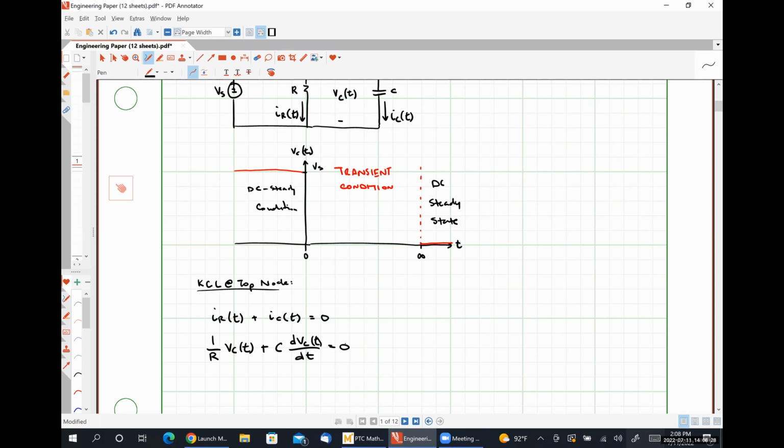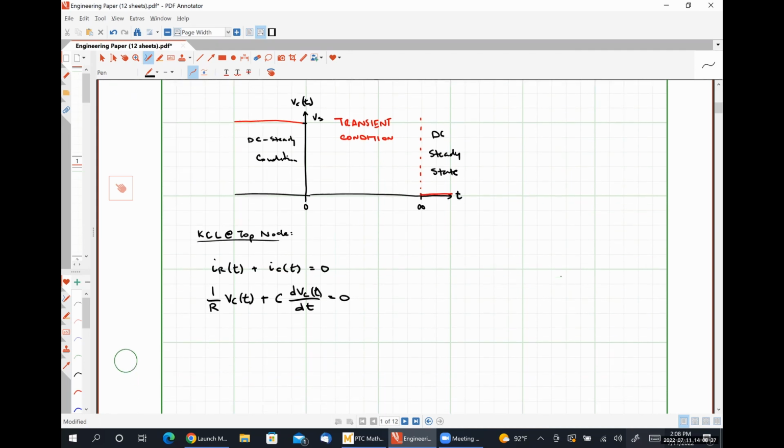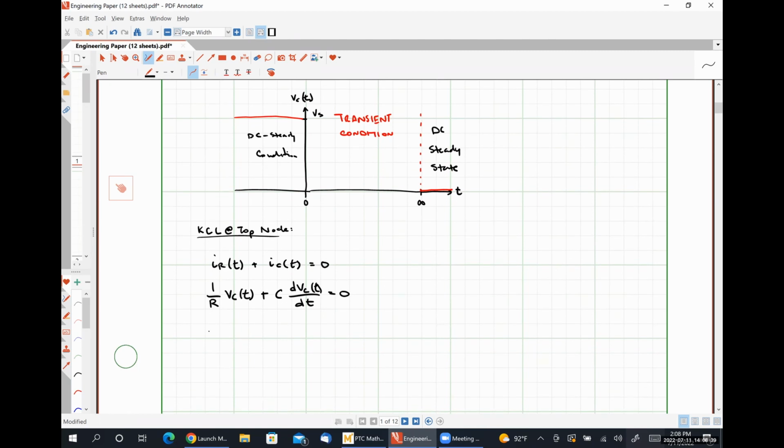And once again, we have a linear homogeneous first order differential equation. We are going to assume, just like we did for the case with the inductor and the resistor, that our capacitor voltage Vc(t) will be of the form A e^(st).